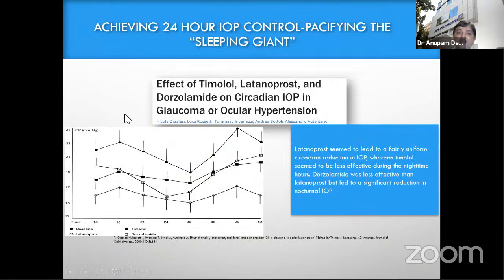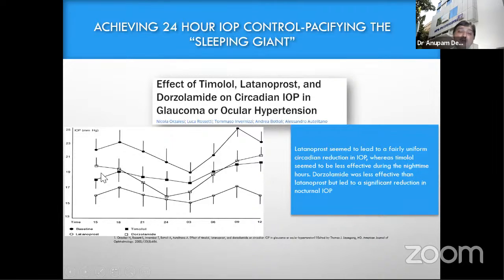This is a study which shows the effect of timolol, latanoprost, and dorzolamide on the circadian IOP in glaucoma or ocular hypertension. This is the glaucoma patient not on medication, so you'll see a higher IOP and large diurnal variations.